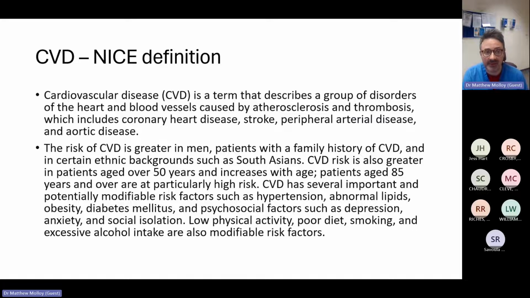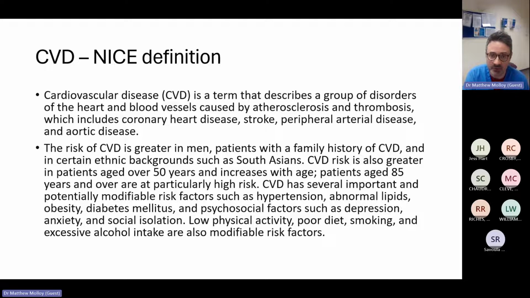So just to start with a definition of what cardiovascular disease is. Cardiovascular disease is a term that describes a group of disorders of the heart and blood vessels caused by atherosclerosis and thrombosis. As we all know, the arteries become clogged up with fatty plaques, atherosclerotic plaques.